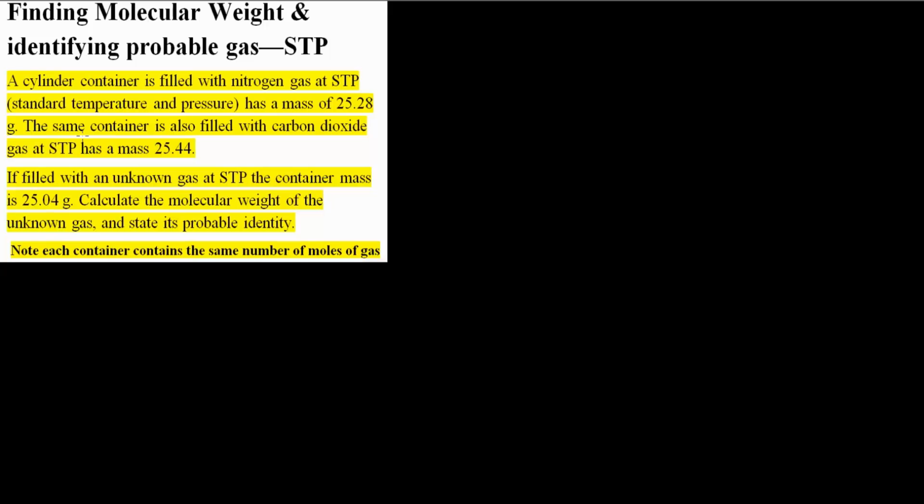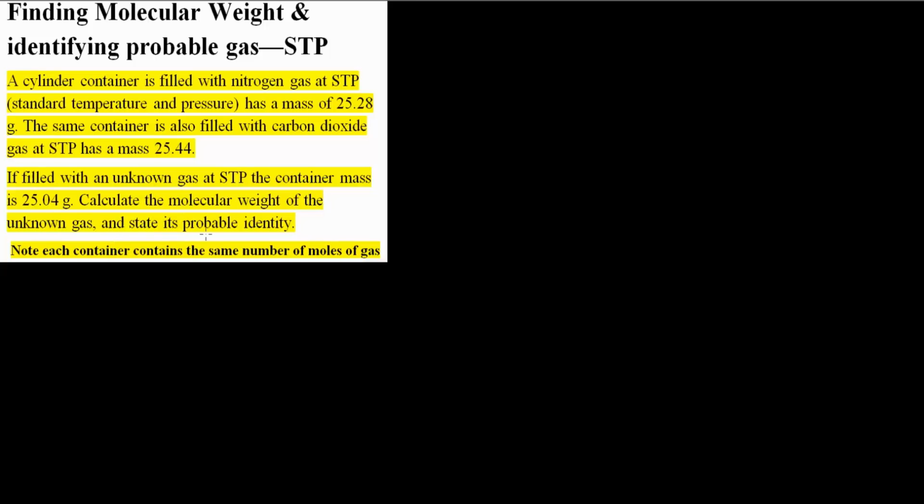This same container is also filled with carbon dioxide at STP and has a mass of 25.44 grams. If filled with an unknown gas at STP, the container mass is 25.04 grams. We want to calculate the molecular weight of the unknown gas and also state its probable identity.